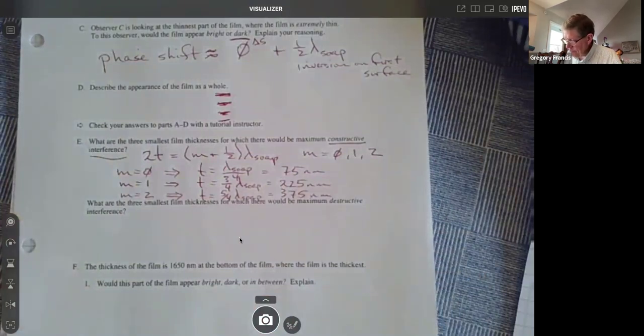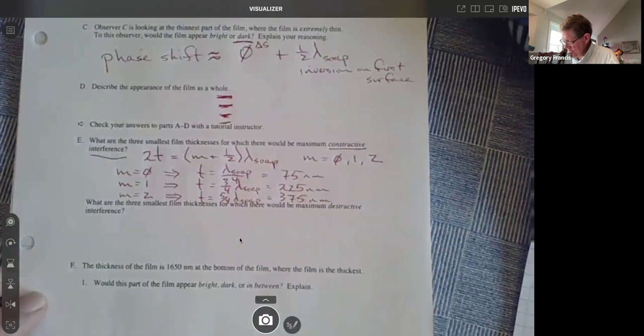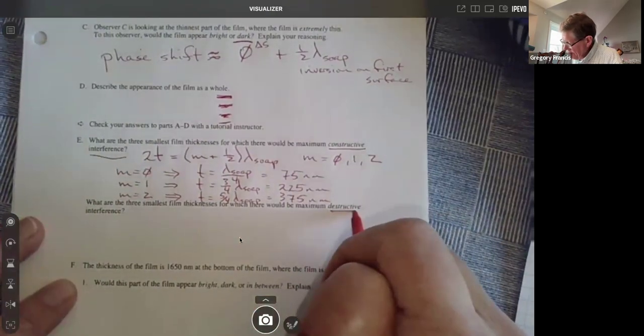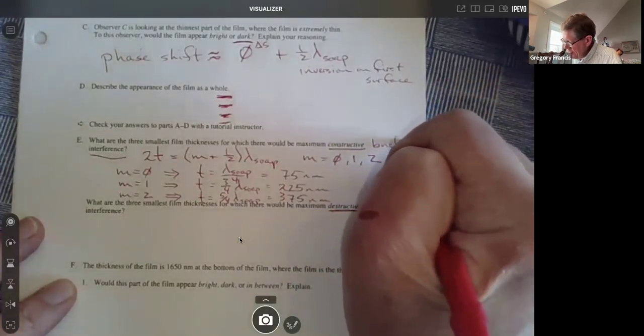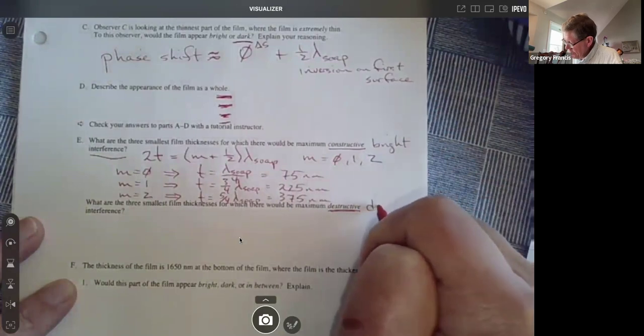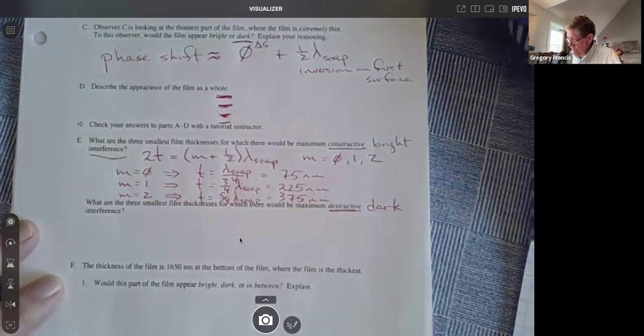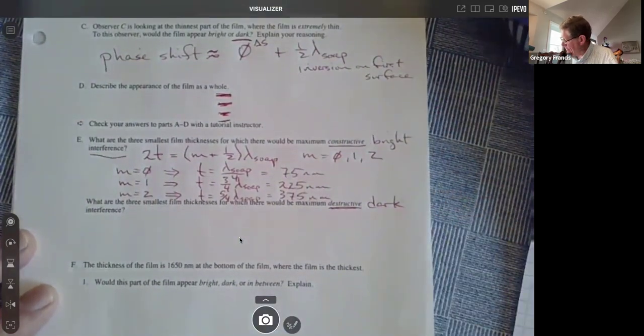What are the three smallest film thicknesses for which there would be maximum destructive interference? So these are the bright spots, and these would be the dark spots or bands. Okay.